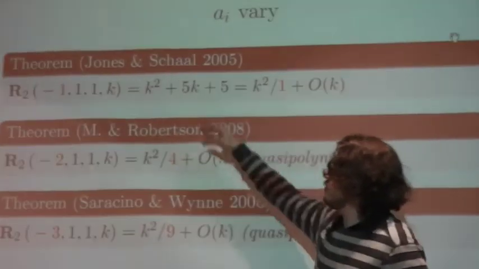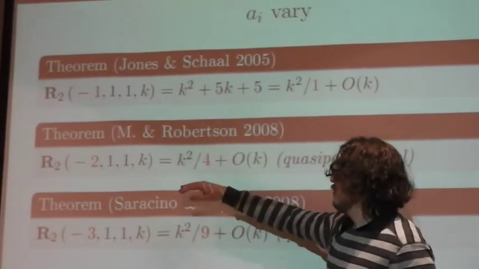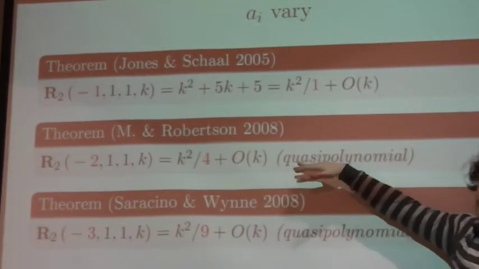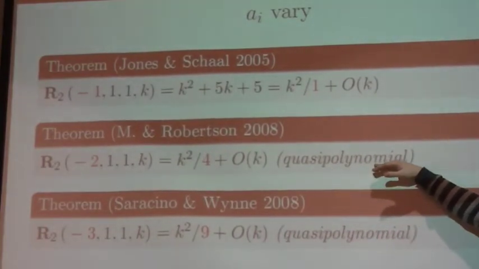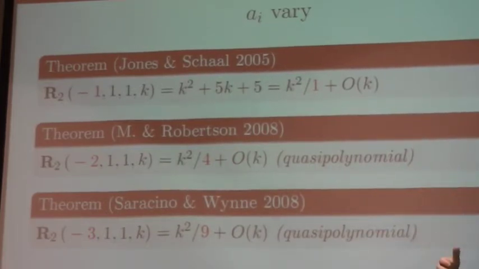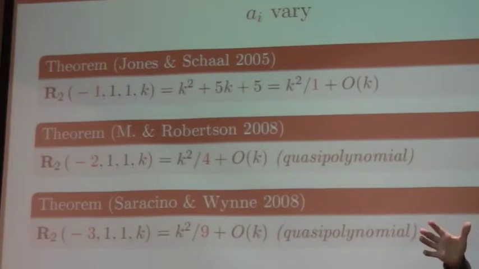And here, there's an explicit quadratic. Here, this is also an explicit quadratic. It's a quasi-polynomial. So mod 4, there are 4 different polynomials that this follows. So if k is 0 mod 4, it's this polynomial. If it's 1 mod 4, it's that one, and so on.